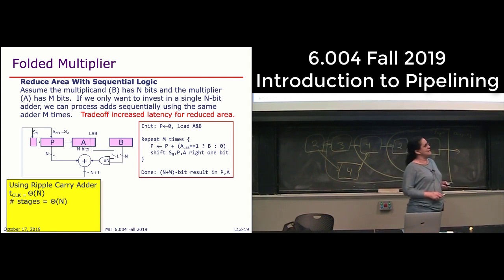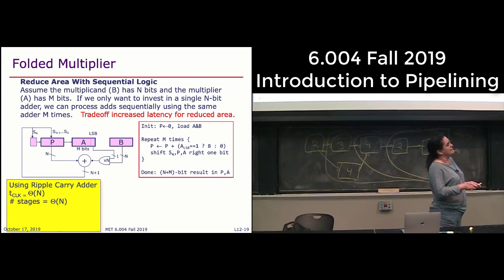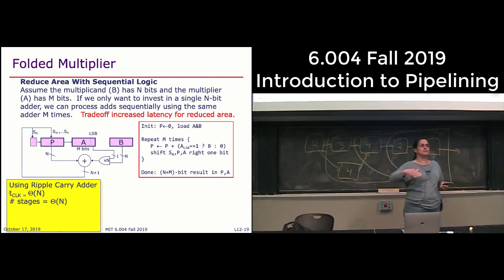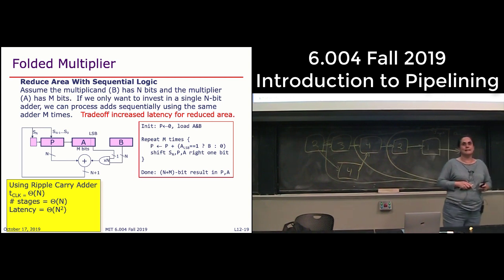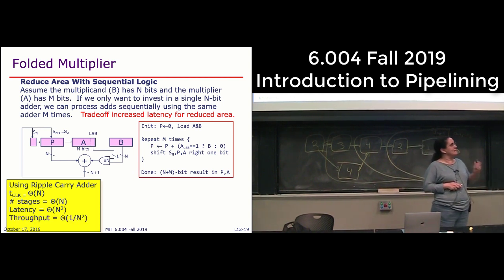And so that means that I have not only a T clock of order n, but in addition, remember that I'm executing this little pseudocode m times, which corresponds to the number of bits of A, so that I can actually do all of the additions associated with each of my bits of A. Okay? And so the result is that I have a really terrible latency of order n squared, and also a bad throughput.